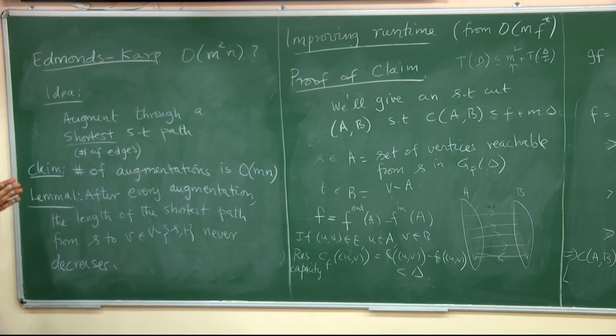So you start with zero flow, you augment through a shortest path. You have a new flow, construct a new residual network. In the new residual network, look at the length of the shortest paths from S to every vertex.